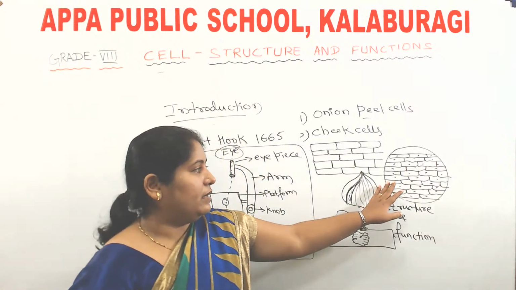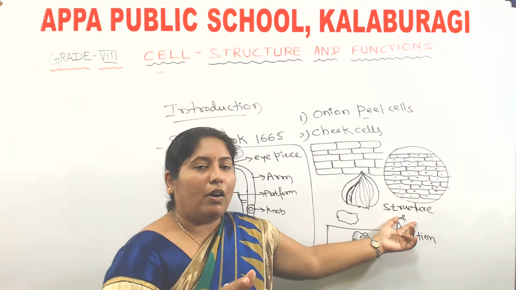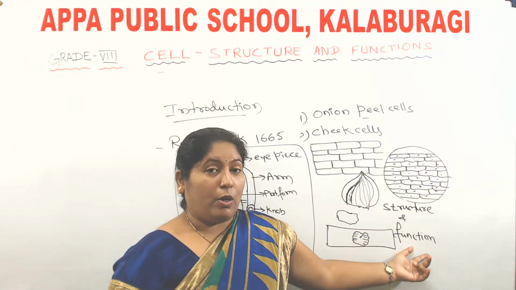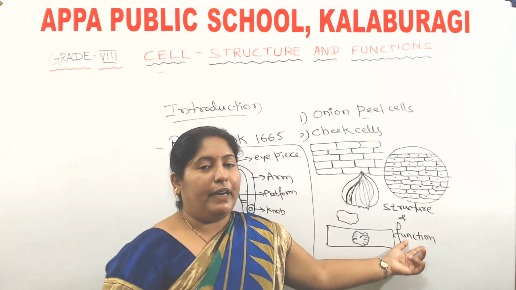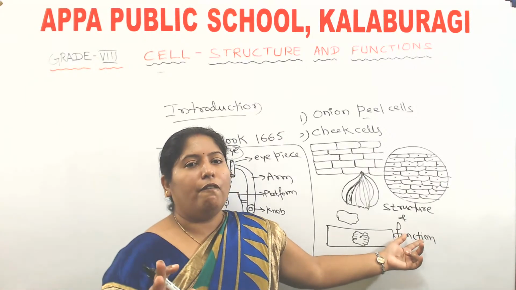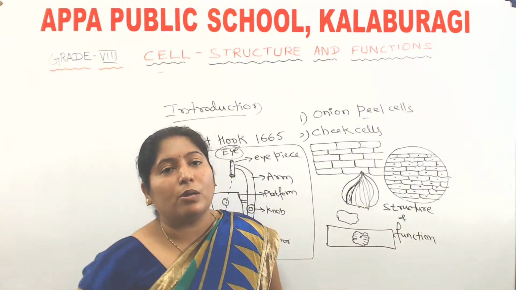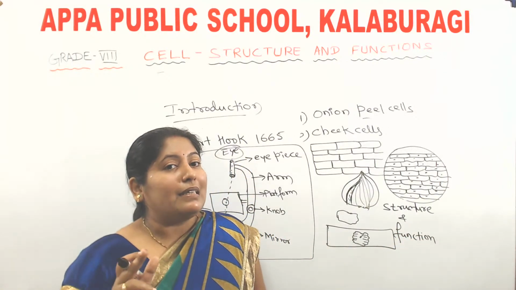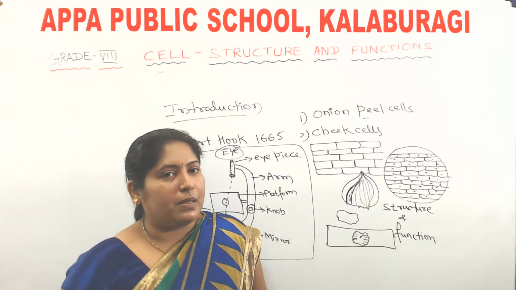Because cells give a particular structure to a particular organ or organism, and all the cells perform their own function. Maybe different functions, but performing one or the other function. That's why we can say that all the cells are functional units also. Because of that, the definition will be: a cell is a structural and functional unit of living organisms.